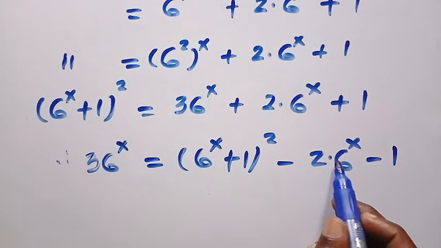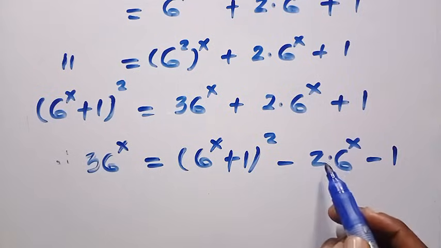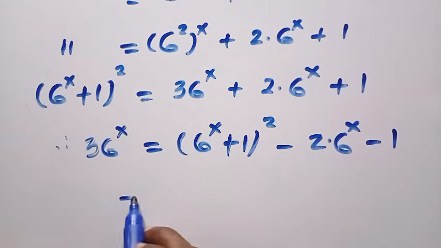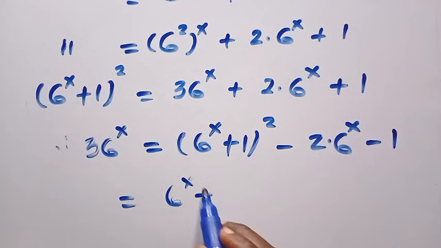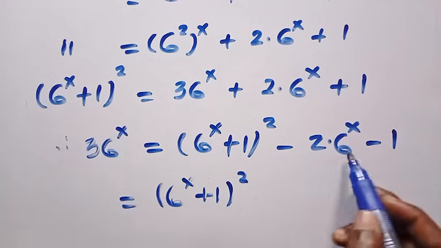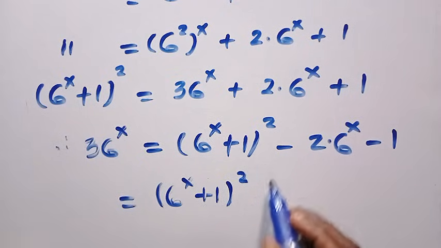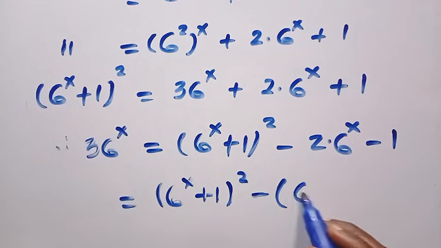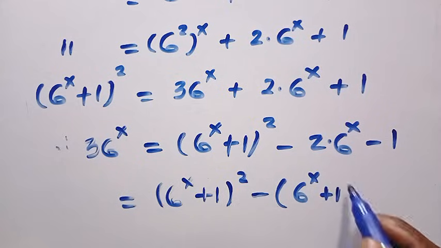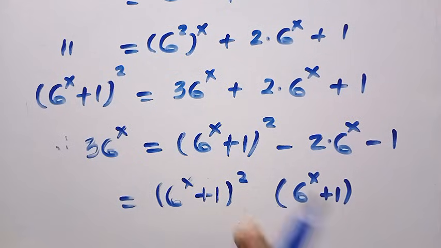So can we multiply 2 by 6 and say 12? No. 6 is only having the power of x, which means there are two different things. Here we have 6 power x plus 1 raised to power 2. I want to make 2 multiplied by 6 power x minus 1 have this. Suppose I take out minus first and I write this as 6 power 2 plus 1. So what I'm expecting here is very simple. We have to lift this 2 here as minus 2.